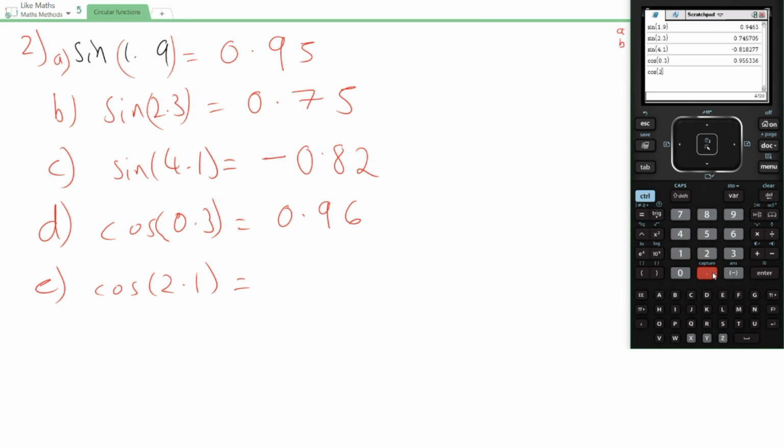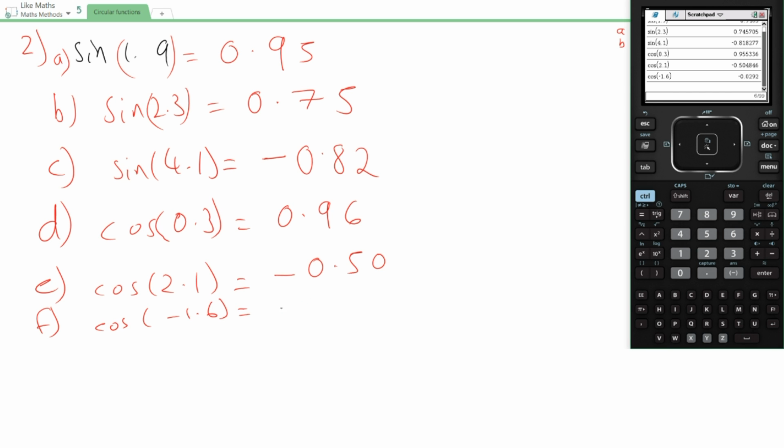E is cos of 2.1, which is minus 0.50. F is cos of minus 1.6, which is minus 0.03.